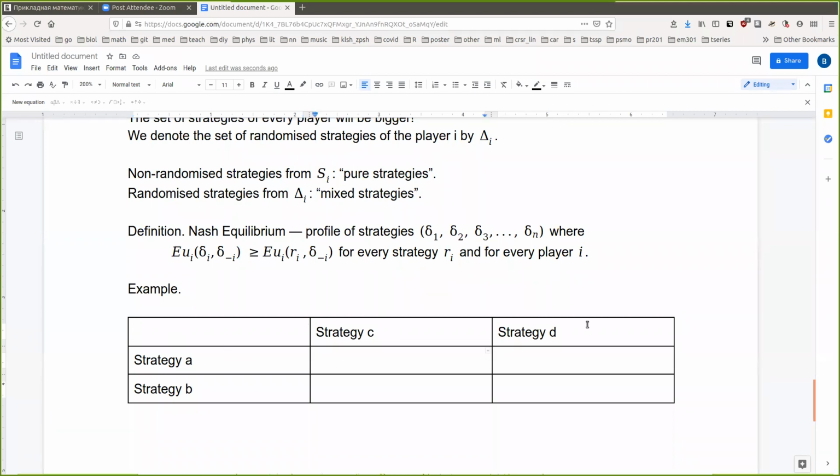And payoffs, this is a simultaneous game. We study for the moment only simultaneous games. So they choose simultaneously. The first player will choose A or B, but he is allowed to randomize. The second player chooses C or D, but he is allowed to randomize. And the payoffs are, let's say, 10, 20, 20, 0, 0, and 10, 10.